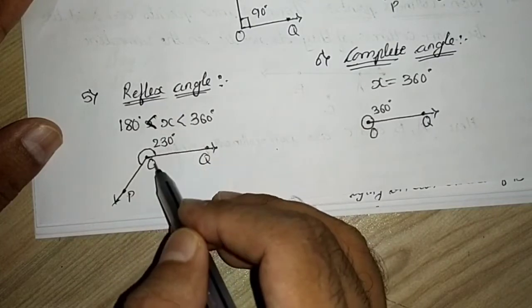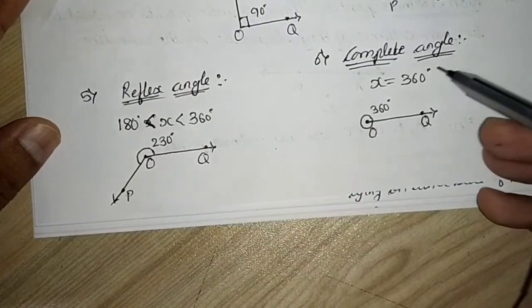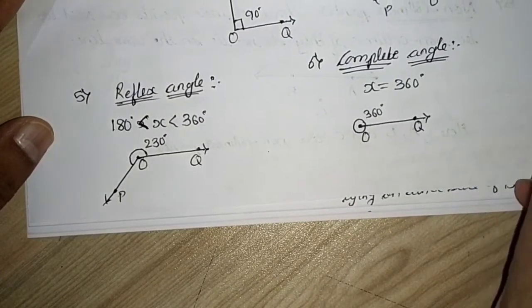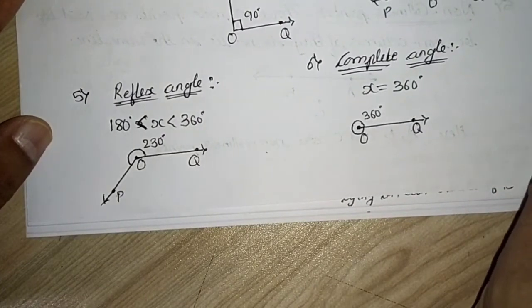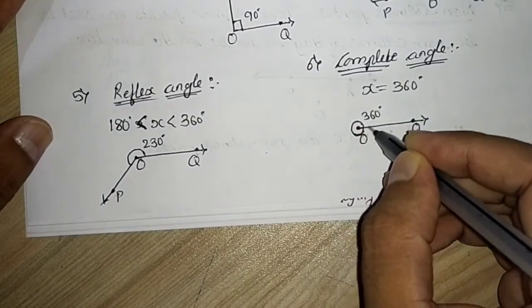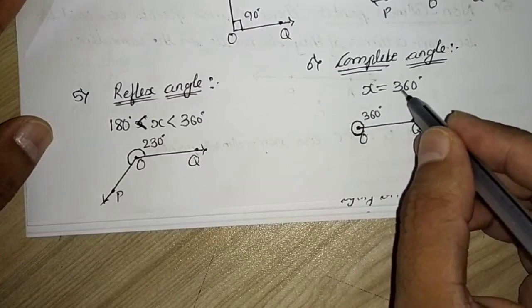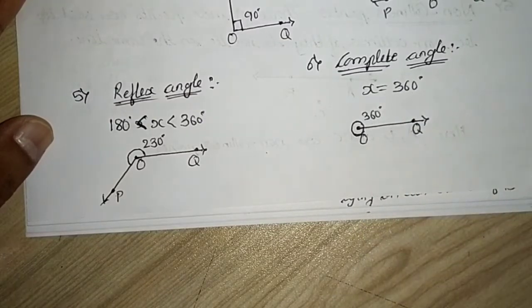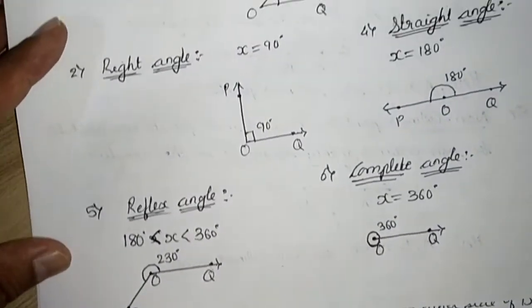Now the last one is complete angle, and complete angle means complete circle. This whole, that is exactly 360 degree, is known as a complete angle.